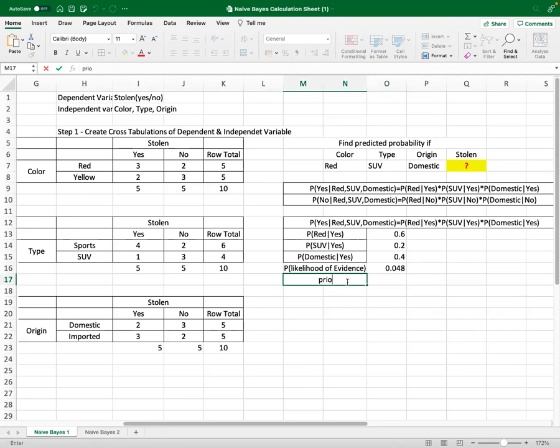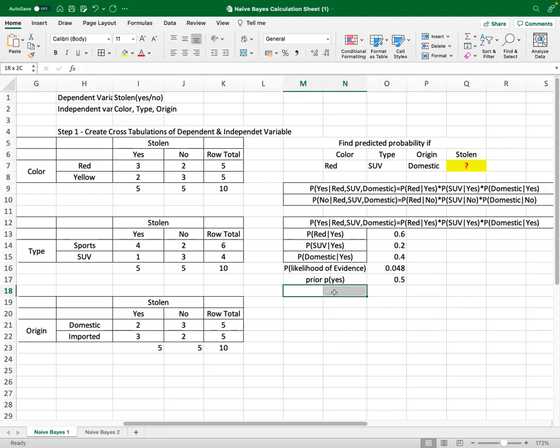Then prior probability of yes. What is the prior probability of yes? How many yes and no are there? 5 and 5, right? Is equal to 5 divided by 10. There are 5 yeses and 5 nos.